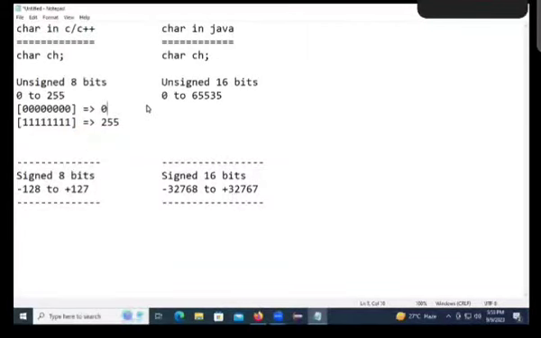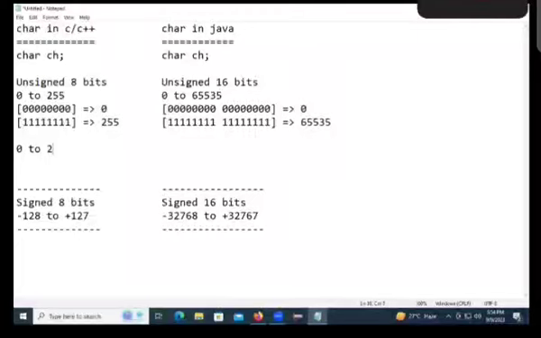Right or not? Same thing. This is your 0, and when all 16 bits are 1, that is your 65535. Now the formula is 0 to 2 to the power number of bits minus 1. 2 to the power 8 is 256, 256 minus 1 is 255, so 0 to 255.